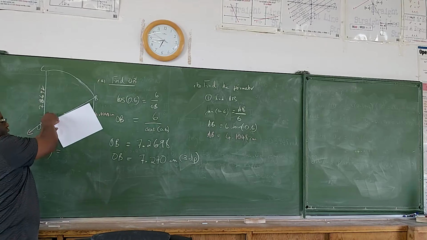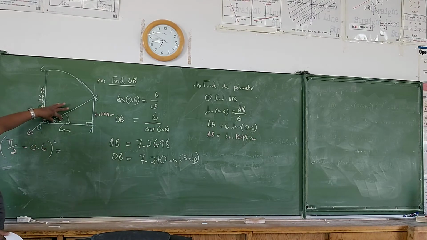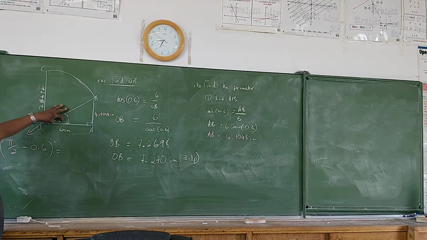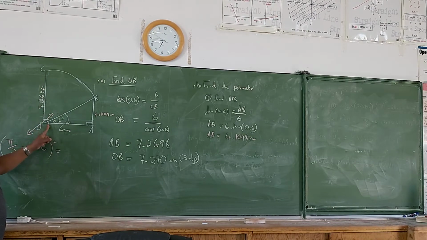So you find this angle by subtracting this angle here, 0.6 radians, from half pi radians, which is basically 90 degrees, right? Is it fine? Because this little square here tells me that this whole angle COA is equal to pi divided by 2, half pi radians.